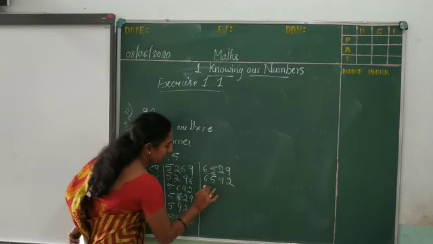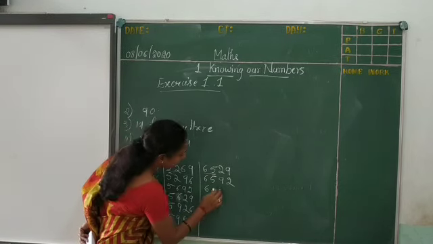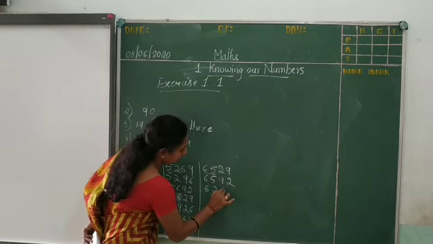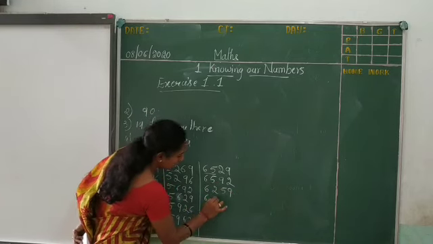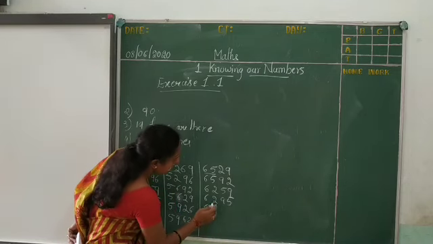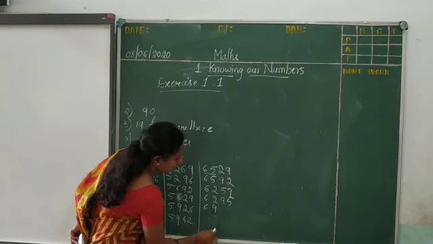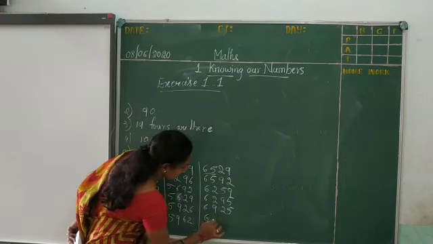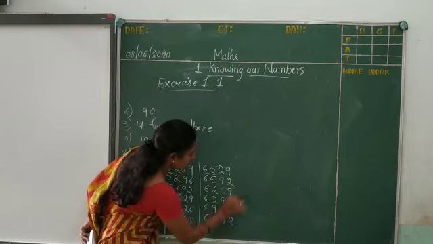Next, instead of 5 some other number, that is 6. I will take 2 here and then 5, 9, 6, 2, 9, 5. Again 6.